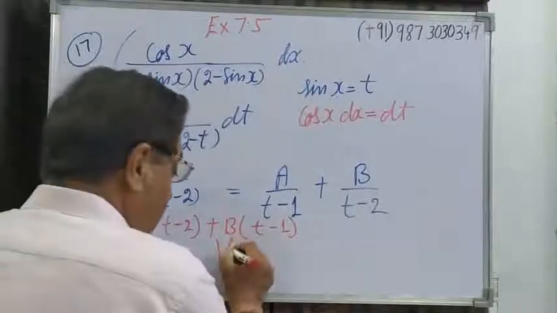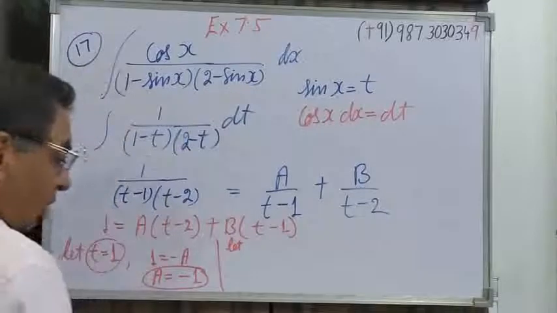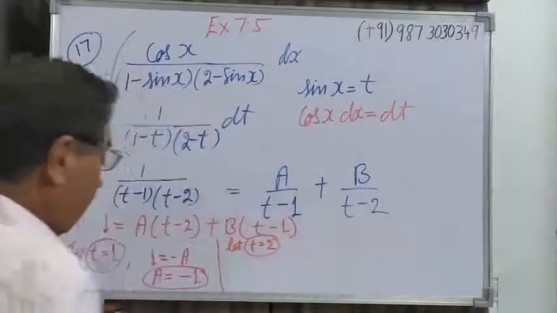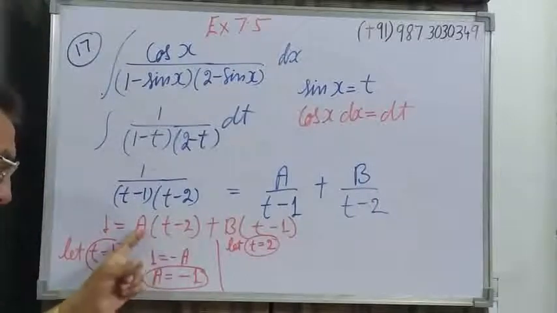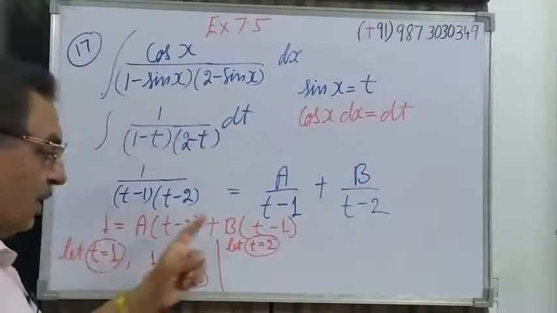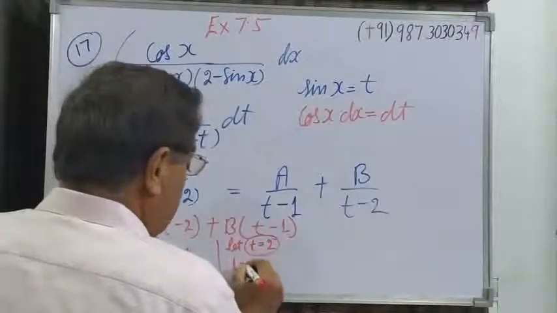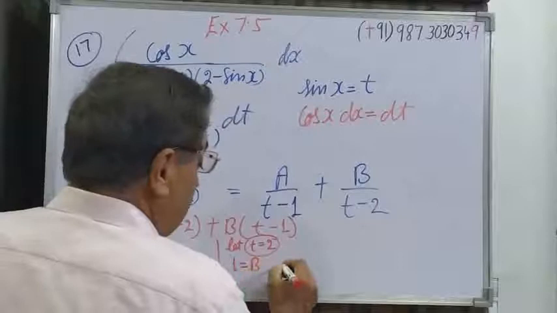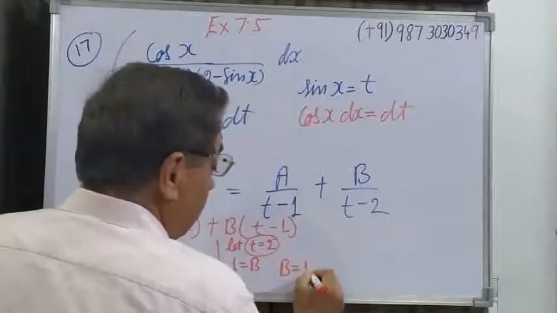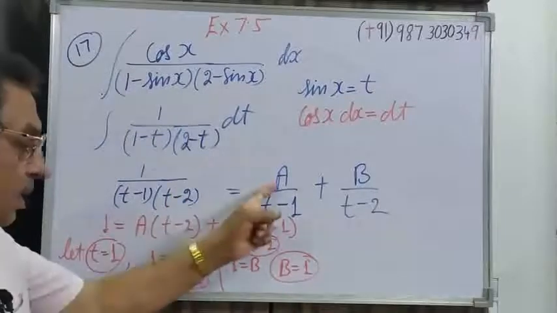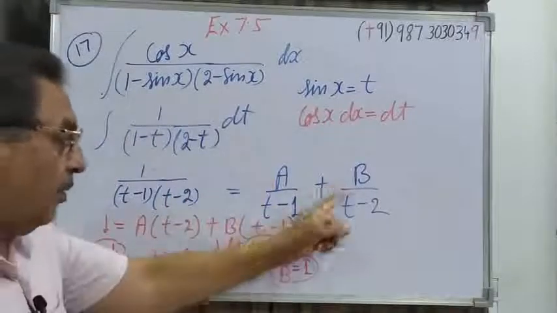Now after this I let t = 2. When t = 2, 2 - 2 becomes 0, and on this side 2 - 1 is 1. So 1 = B, or B = 1. So this is the value. Here we get A = -1, B = 1.